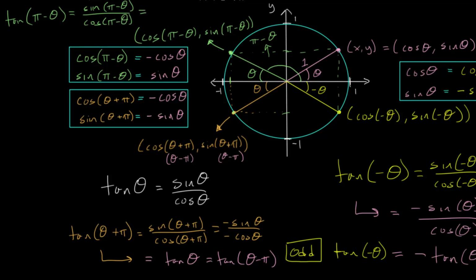And we know that the sine of pi minus theta is just the sine of theta. And the cosine of pi minus theta would be the opposite of the cosine of theta.